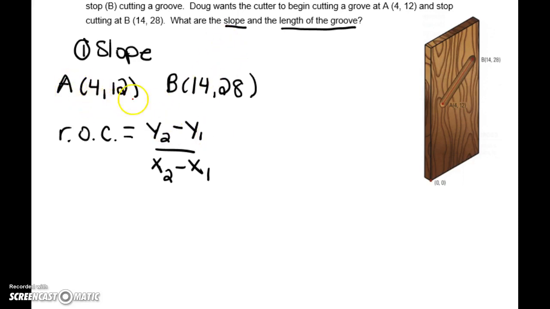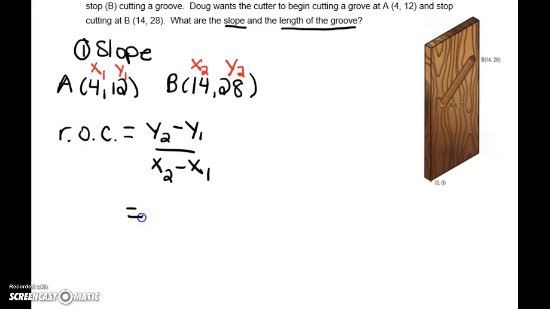This here is my first coordinate, and your first number is always your x value, so that's your first x coordinate, and this second number here is the y value, so that's your y1, that's your first y coordinate. And you're going to do something similar for your B value. This one here is your second coordinate, so this is the second x value, and 28 is your second y value. As soon as you start to label your x and y coordinates, then you can plug it into your equation.